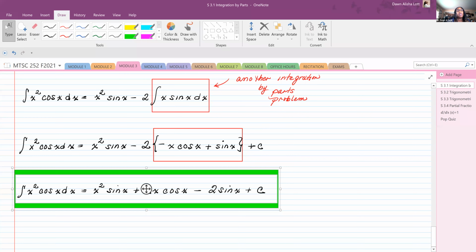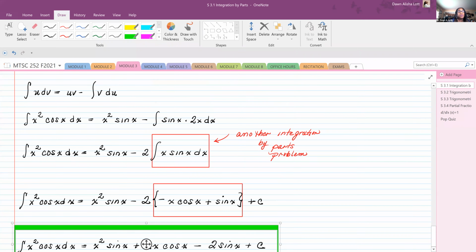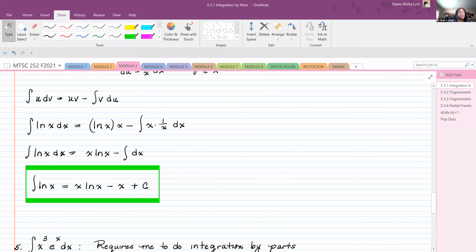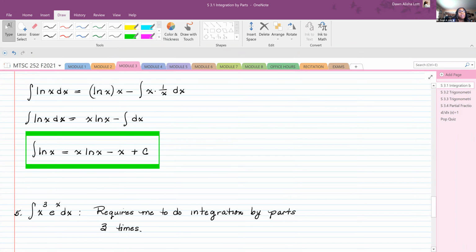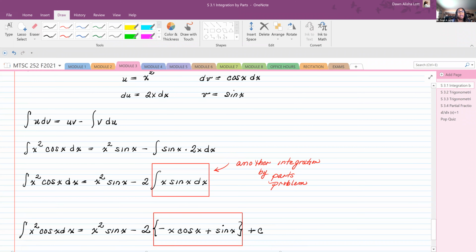So right now, I still have the integral of x sine x dx, so I have to compute that integral and then plug it in. But if you notice right here, the only thing left for me to integrate was dx. Once I did that, I was done. Okay, thank you. So it depends on what's left.